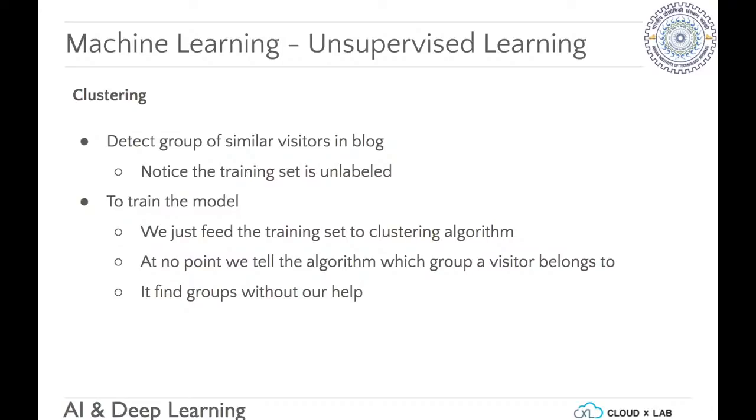Like for example, here in this example, we detected the group of similar visitors in the blog, and notice that the data in this training set is not labeled. Okay, so to train the model, we just feed the training set to the clustering algorithm. At no point do we tell the algorithm which group a visitor belongs to. So the algorithm itself comes up with some patterns in the data on which it needs to group them.